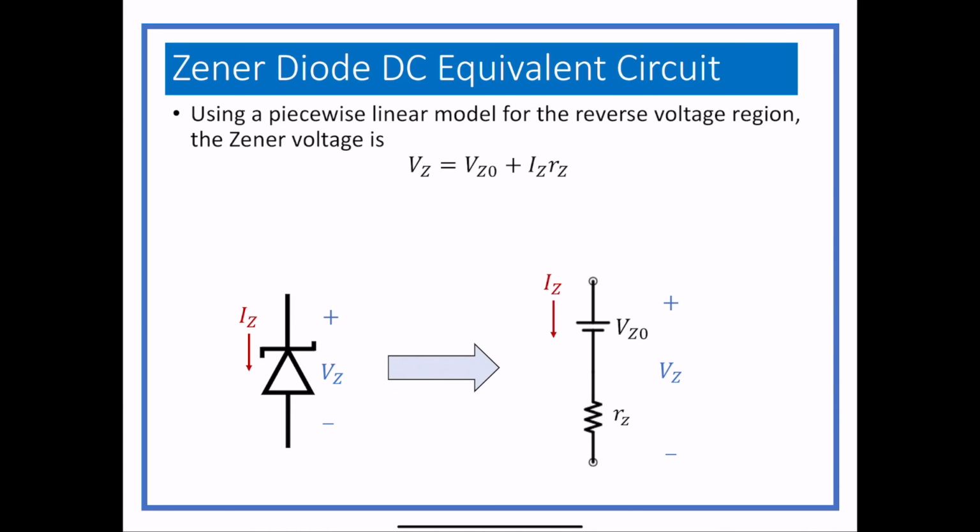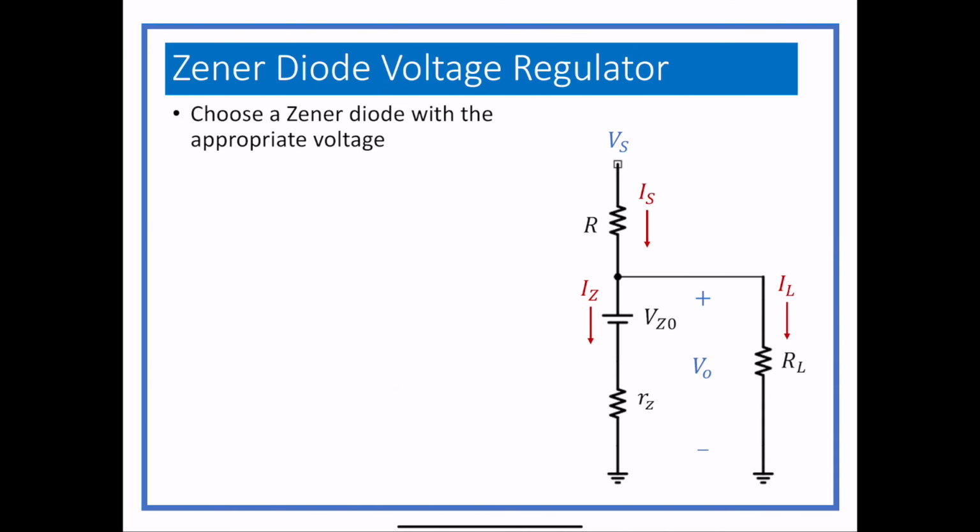In order to make a voltage regulator, which can be done, one needs to choose a Zener diode with the appropriate voltage, first of all. So if you need 5 volts, choose a 5 volt one. And then it should be operated with the Zener current as close to the test current as possible. It shouldn't vary that much.